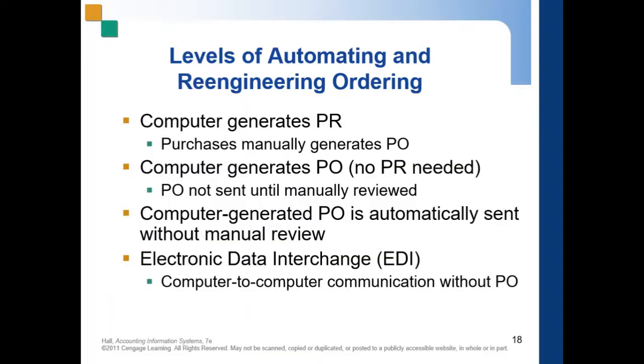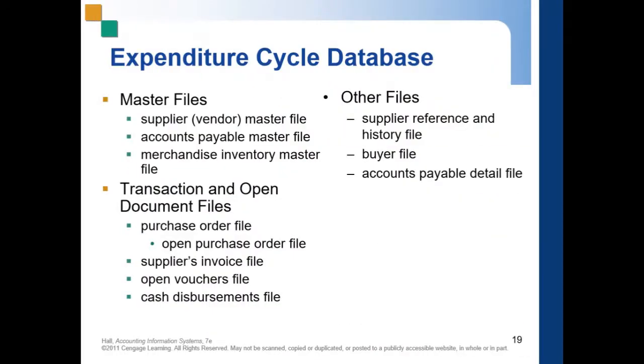And lastly is the electronic data interchange, which was discussed in the previous chapter, wherein computer-to-computer communication without PO na. So if ever the company reaches the reorder point, automatically it would send an alert to your supplier that you are already at your reorder point, and thus you need a new supply of inventory. So those are the levels.